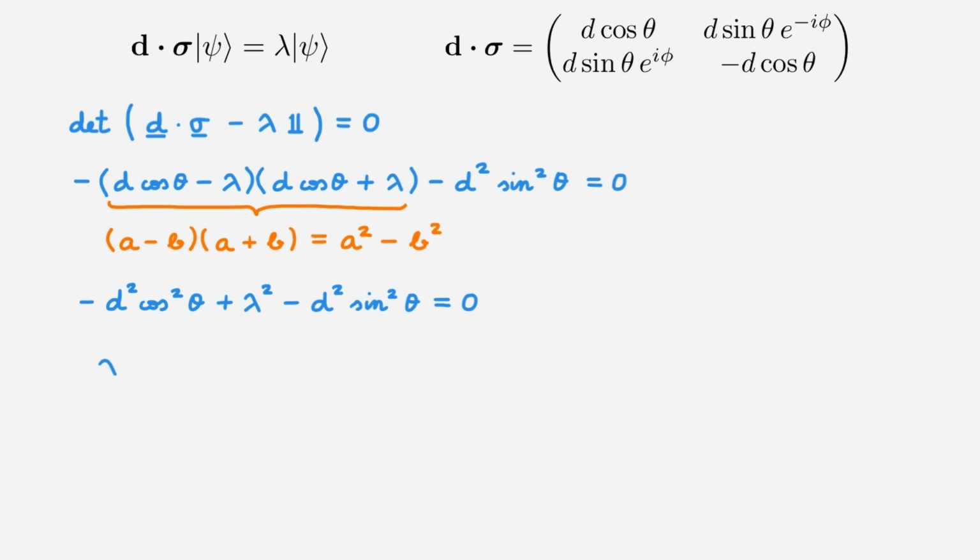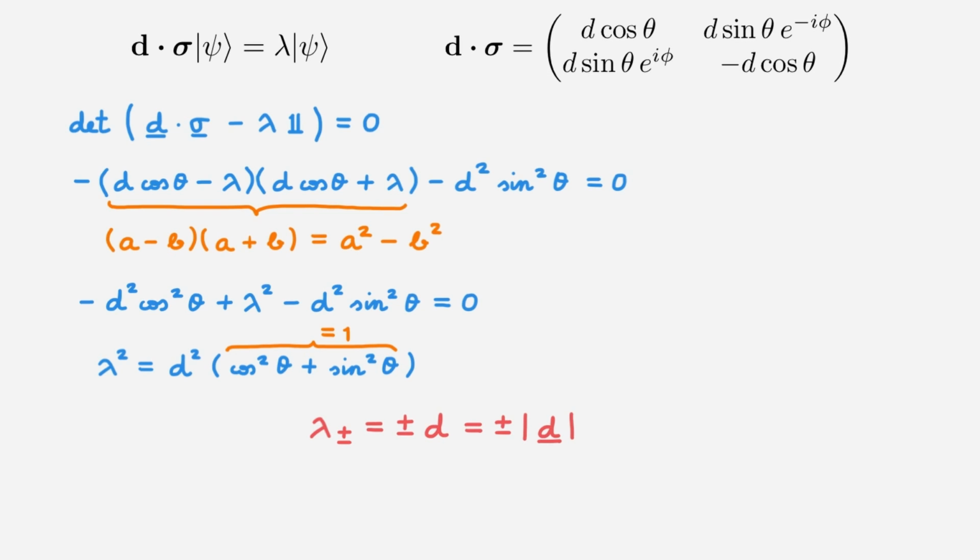Rearranging, we get that lambda squared is equal to this expression. Finally, note that the sum of cosine squared and sine squared is equal to 1. And so overall, this implies that the eigenvalues lambda are equal to plus minus d, which we can also write as plus minus the magnitude of the vector d.